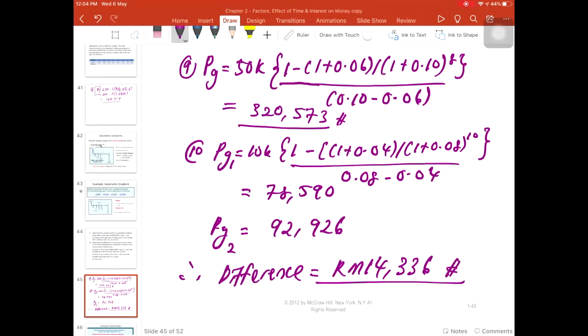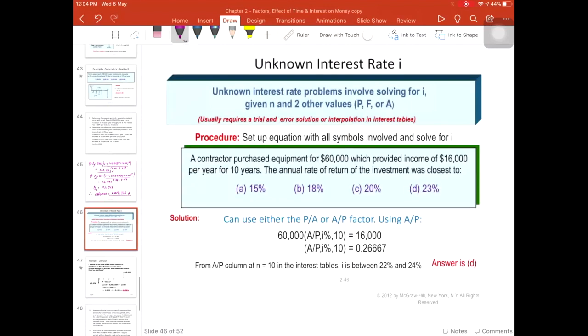Fine, okay. Okay, good. So, next. Okay, the last one. You have to find the I. Okay, an unknown interest rate problem involves solving for I given n and two other values.